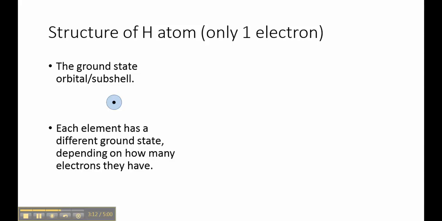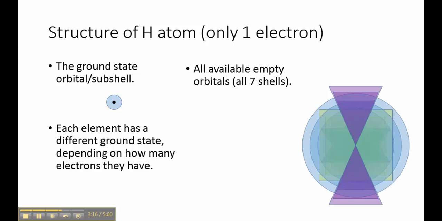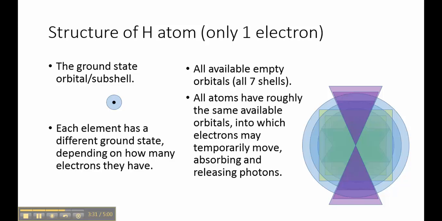Even though the hydrogen atom has only one electron, the atomic structure available to the electron includes all shells, subshells, and orbitals. Indeed, it is from the model of hydrogen that we know what the shells and subshells look like. All atoms have roughly the same internal atomic structure.